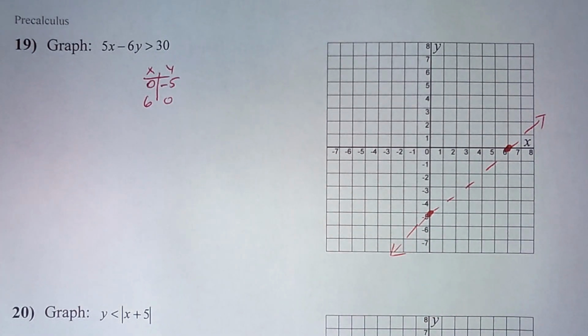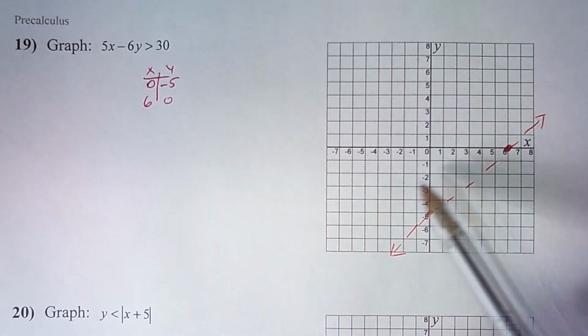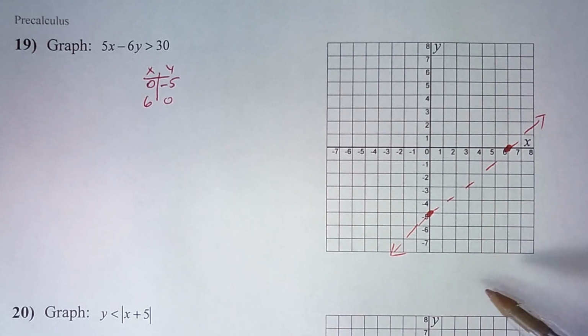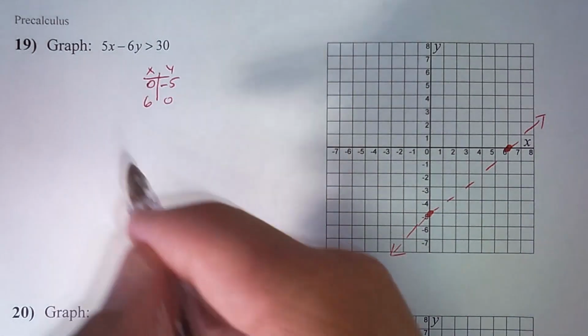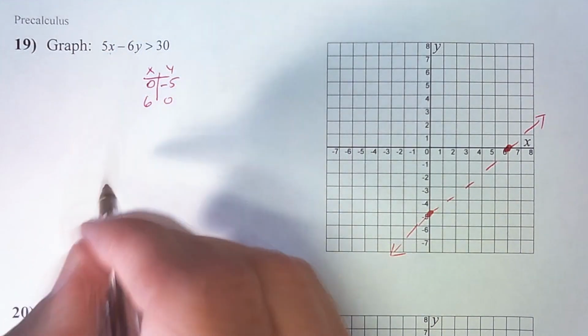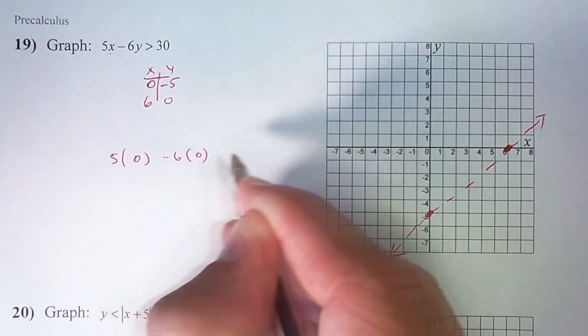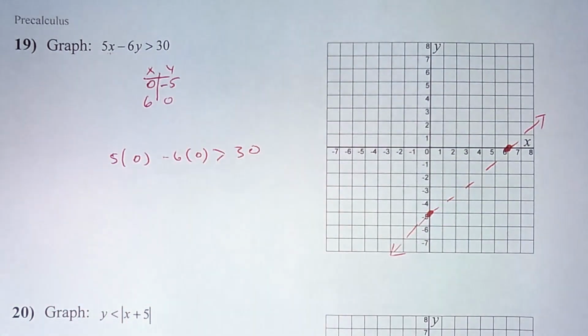Okay, now I have to decide where to shade. So I know that nothing on this line satisfies the inequality. It's going to be either the points that are all above it or below it that satisfy this inequality. Okay, so what if I put in the point 0, 0? So I have 5 times 0 minus 6 times 0, and I'm saying that is greater than 30.